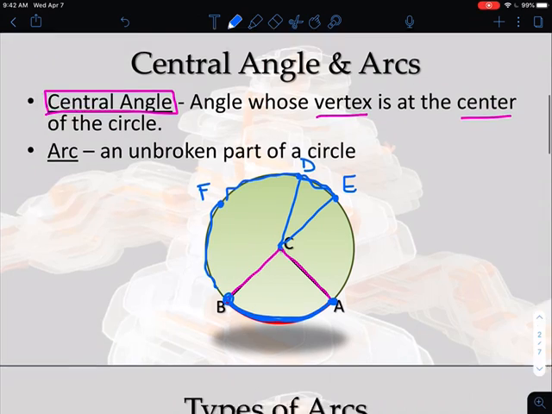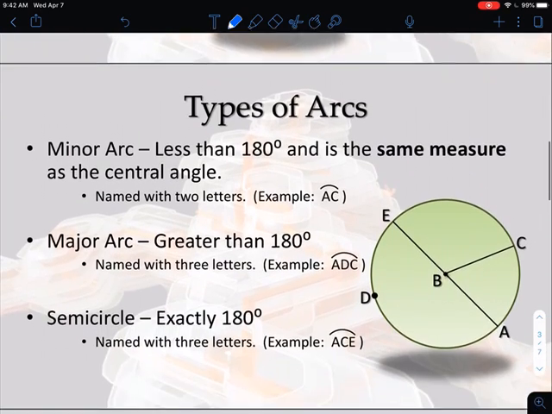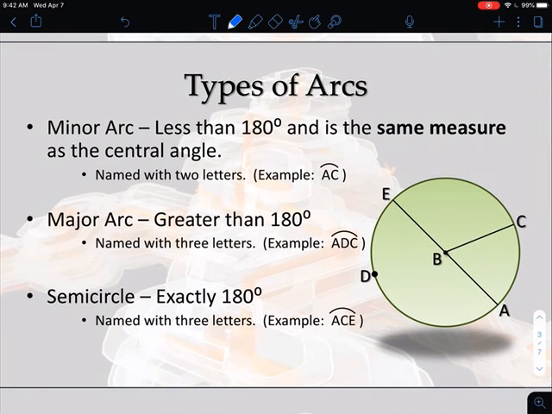Now, as far as arcs are concerned, we have 3 main types, and we're going to take this one step at a time. So the minor arc is any arc that's less than 180 degrees. Now, think about a circle: a circle is 360 total degrees. So if I start at point C and go all the way around my circle and come back, I'm going to travel 360 total degrees.